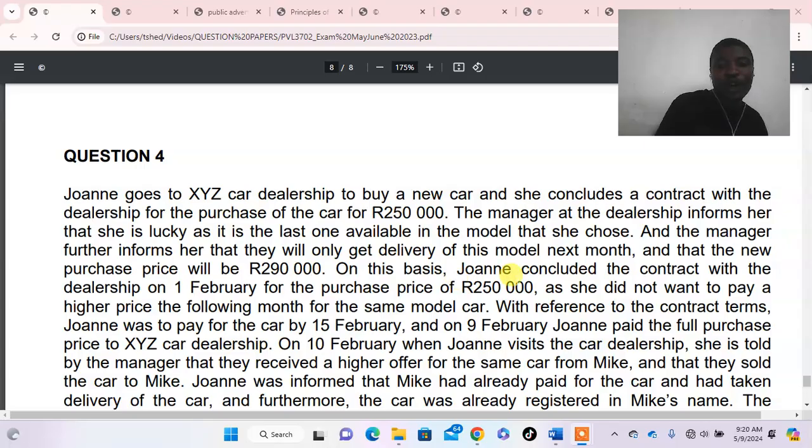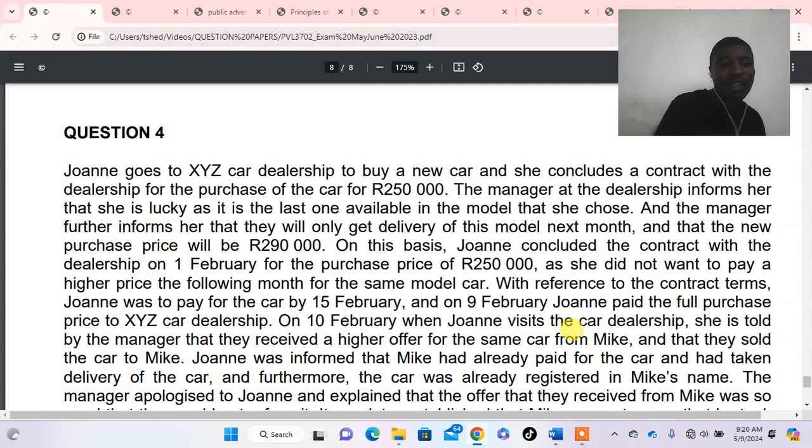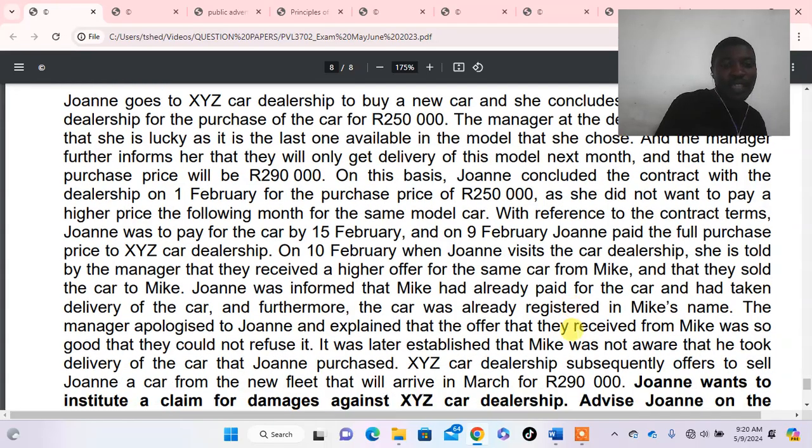On this basis, John concluded the contract with the dealership on 1 February for the purchase price of 250,000, as she did not want to pay a higher price the following month for the same model car. With reference to the contract terms, John was to pay for the car by 15 February, and on 9 February, Jones paid the full purchase price of the car to the dealership.